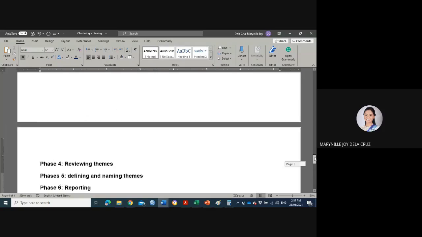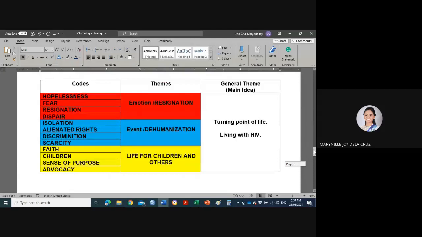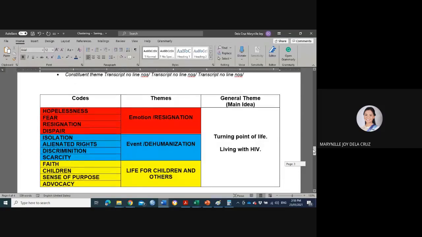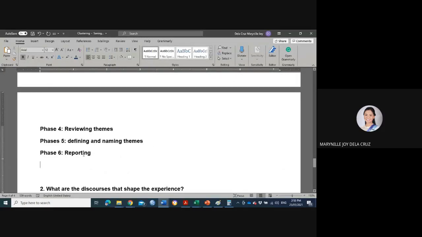So, ni-review mo siya, ni-check mo siya, maayos ang themes mo, ang codes mo kung tama, pati ang main idea mo, tama. Once you already check and sure ka na okay na, it's now your time to do the reporting. So how do you report? Same process.